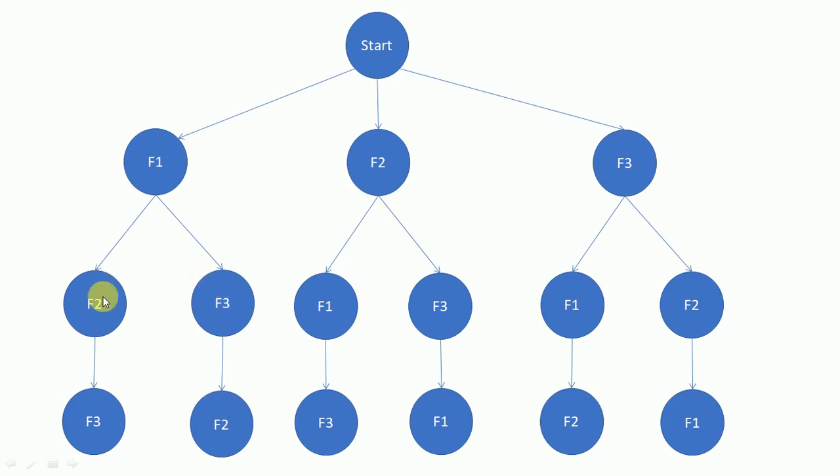If you've gone to F1, you could go to F3. So in each step, what you're doing is you're incurring some cost, and the total cost of this trip, that is from F1 to F3 to F2, is going to be a sum of all these edges, the sum of costs incurred at all these edges.